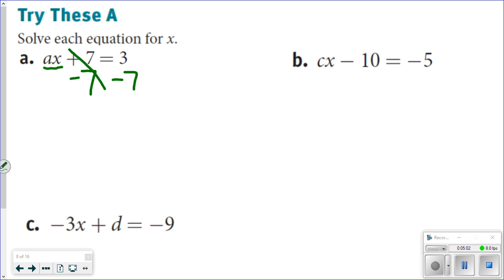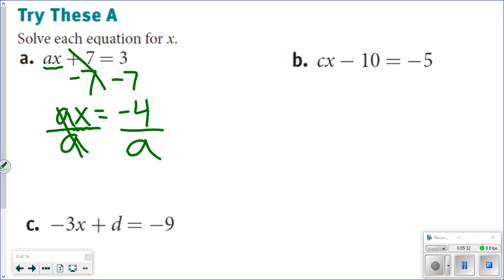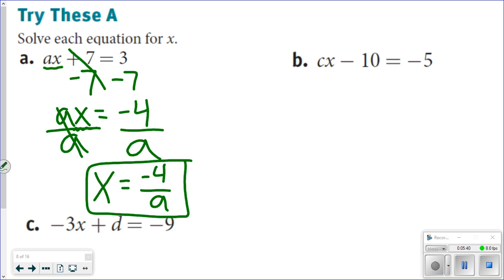We are left with ax equals 3 minus 7, because those are both like terms. They're numbers. We get negative 4. We still need this x alone. Currently it's being multiplied by a, so the opposite, let's divide by a. x equals negative 4 over a, which is my final answer.